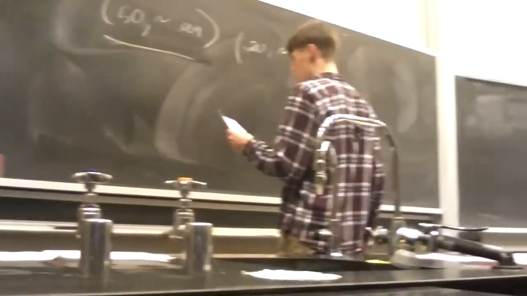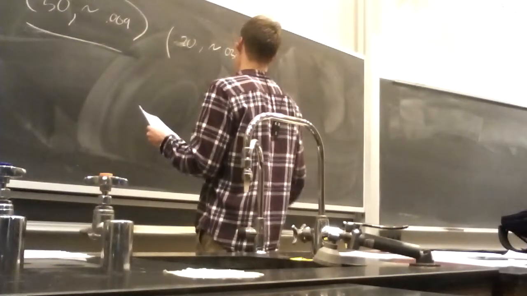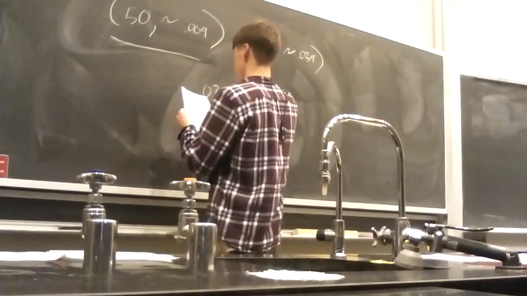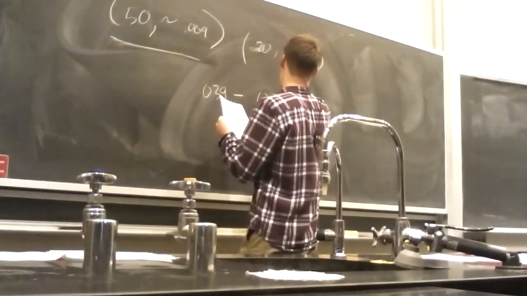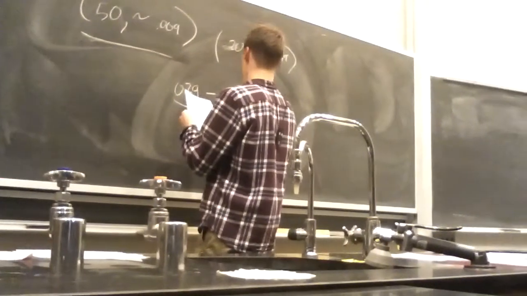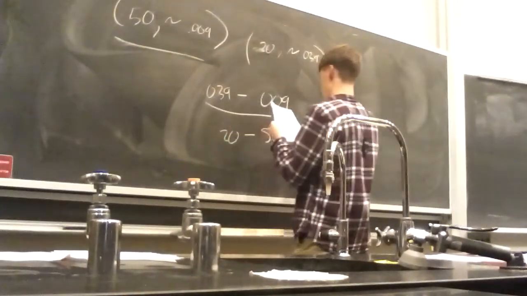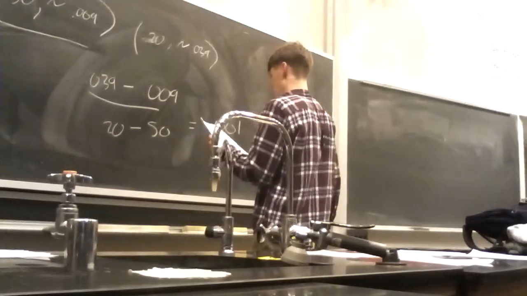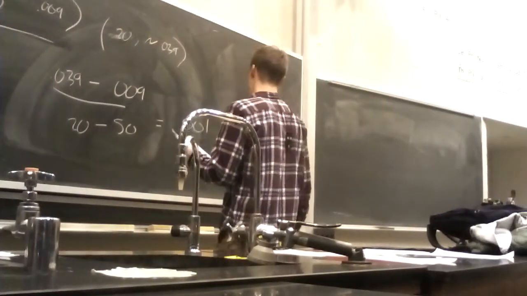And then it's just slope. So you're just trying to find the slope of that line. So you just put in the values, which gets you 0.001.